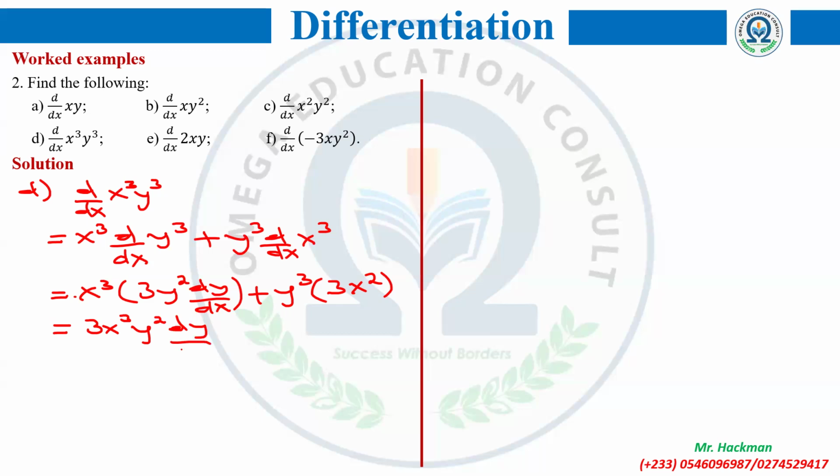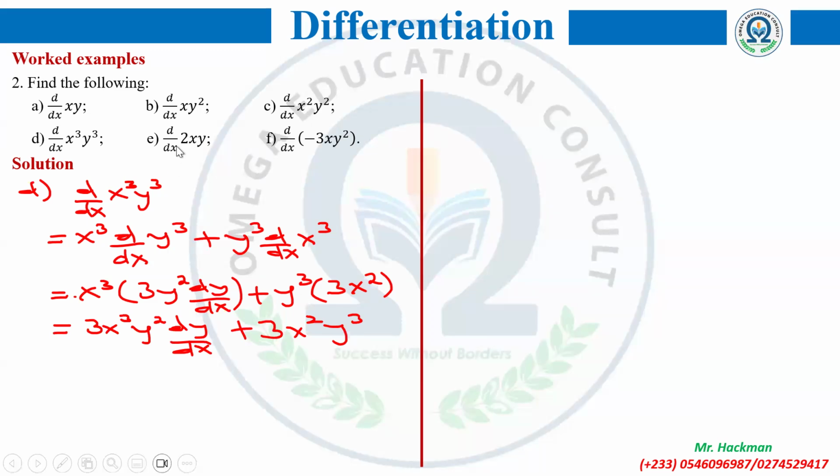Okay, so I think you are cool. So then plus, as for this one, our usual. Bring the constant first, the variable x squared, then y cubed. Hello, Alpha. Yes, please.